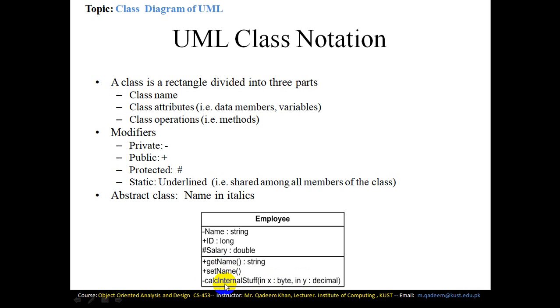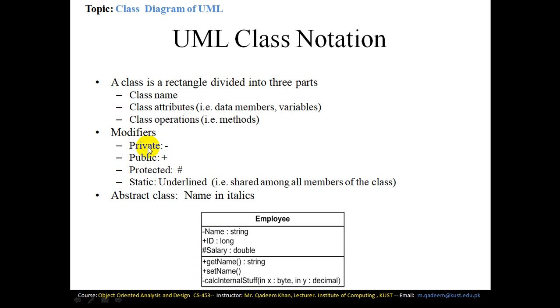So these are the operations. Every class is divided into three portions: first of all the class name, then the class attributes, then the class operations. Also, we have certain symbols here. The symbols are very important and they have a specific meaning.